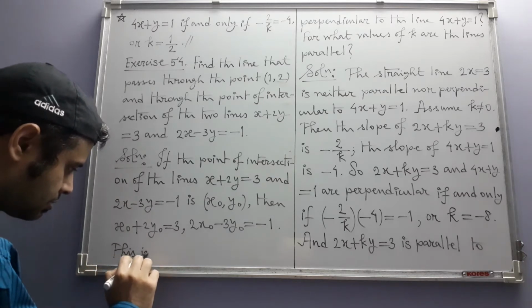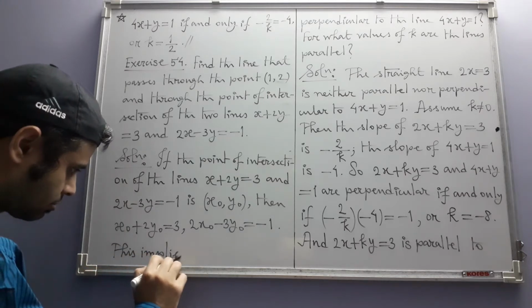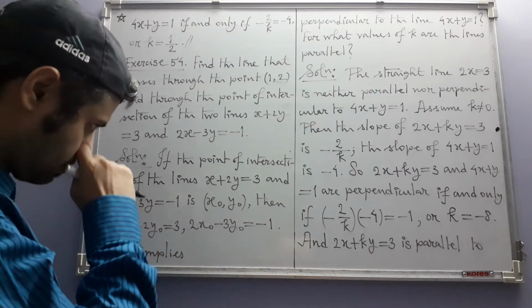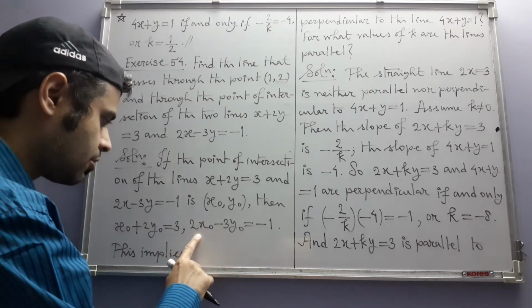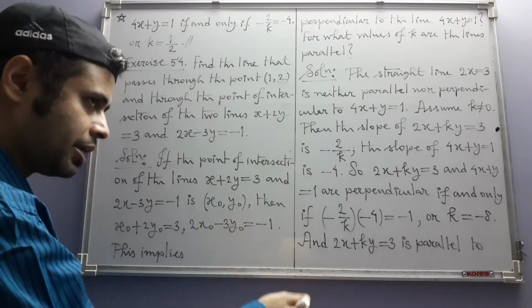This implies 2x naught is 3y naught minus 1.